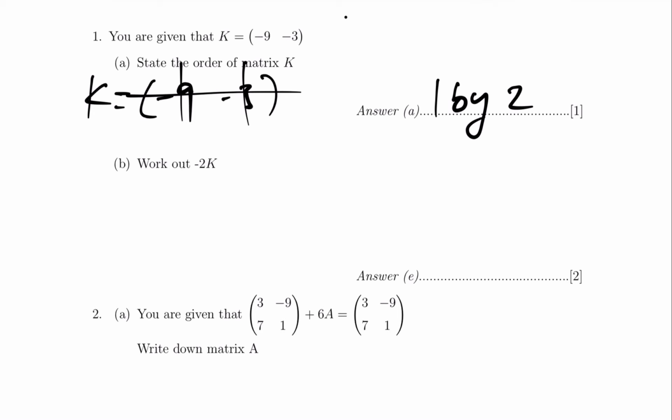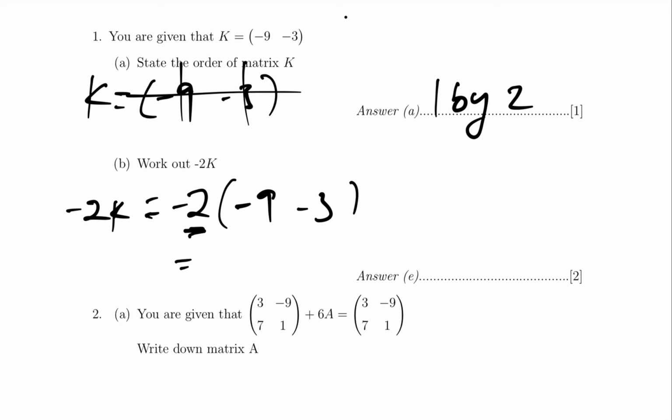We are saying -2k is equal to -2 times k, which is -9, -3. When we multiply a matrix by a scalar, every element of the matrix is multiplied by the scalar. Another thing to note is that the order of the matrix will remain, so our answer will also be a 1 by 2 matrix.